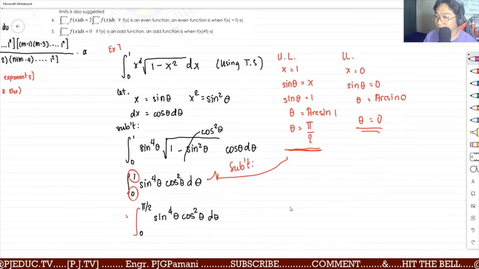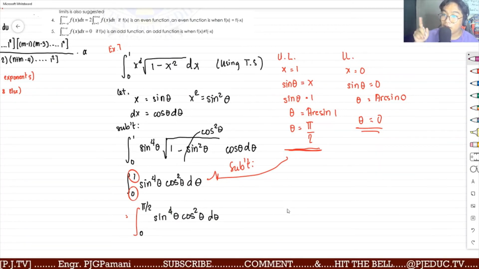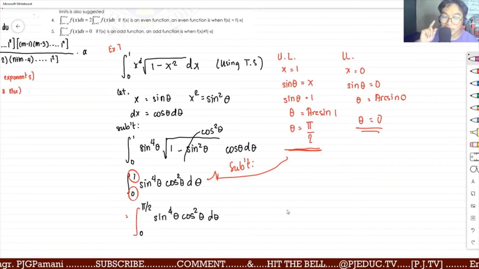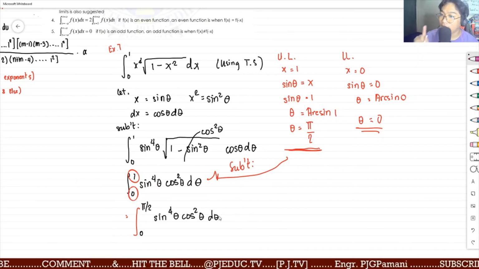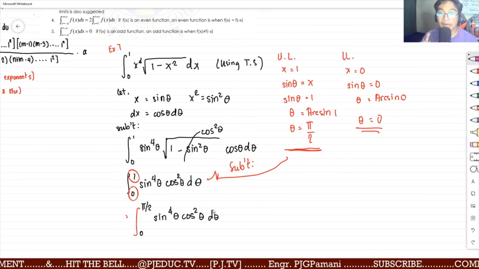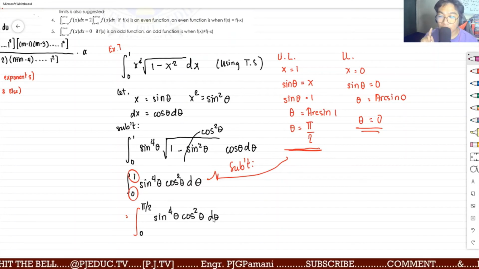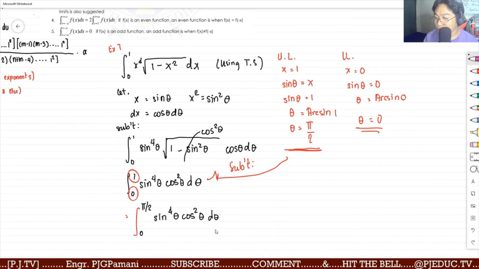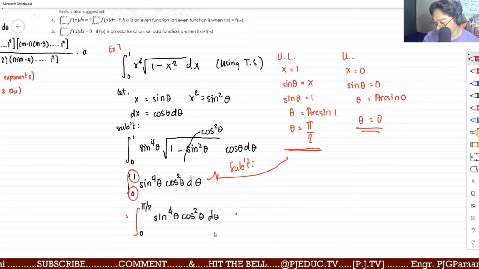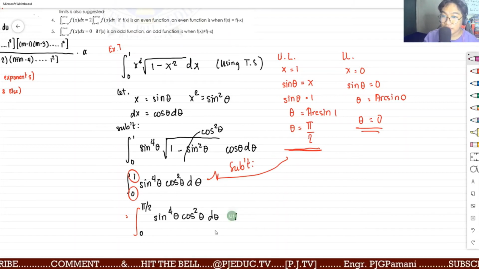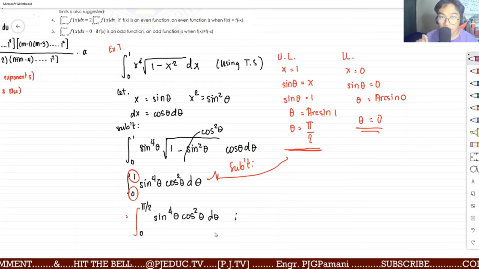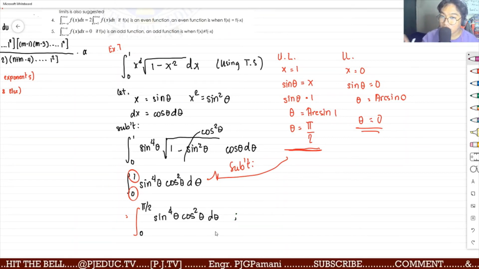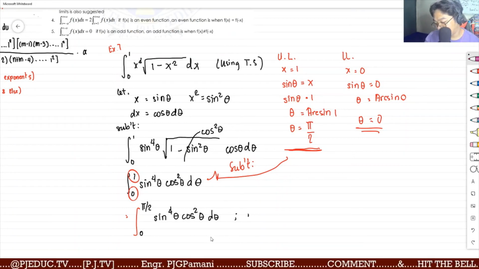Notice again, this is now an integrand which is a trigonometric function, the product of sine and cosine, where both of them have an even exponent. So even exponents, sine and cosine, immediately use Wallis formula.